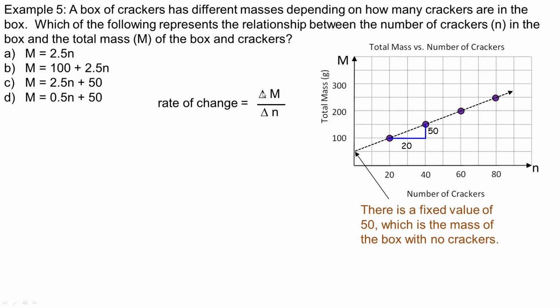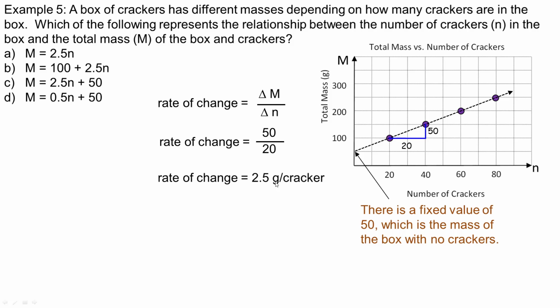Now, the rate of change is the change in the mass, which is going up and down here, the 50, over the change in the number of crackers, that's 20. So we fill in 50 as the change in the mass for a change in the number of crackers of 20. 50 divided by 20 tells us the rate of change is 2.5.